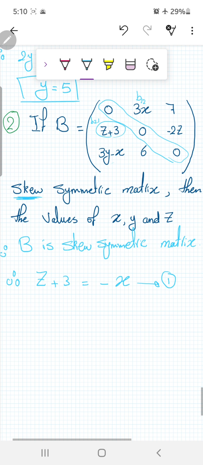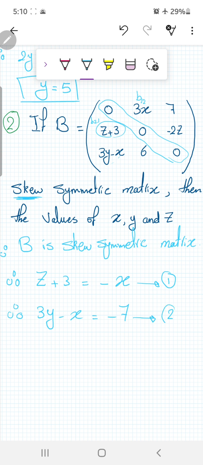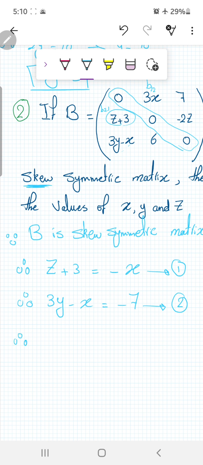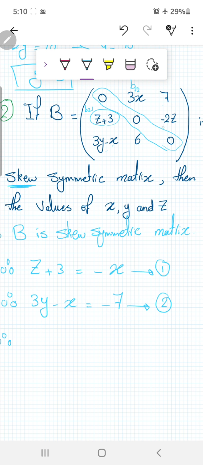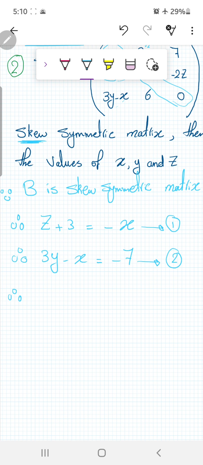And also we have 3y minus x equals negative 7. Also here we have two unknowns, let it be number 2. Finally, here we have negative 2z equals negative 6. Here we have one unknown, so it's easy to get the value of z. Move negative 2 to the other side by dividing, so the value of z equals 3.